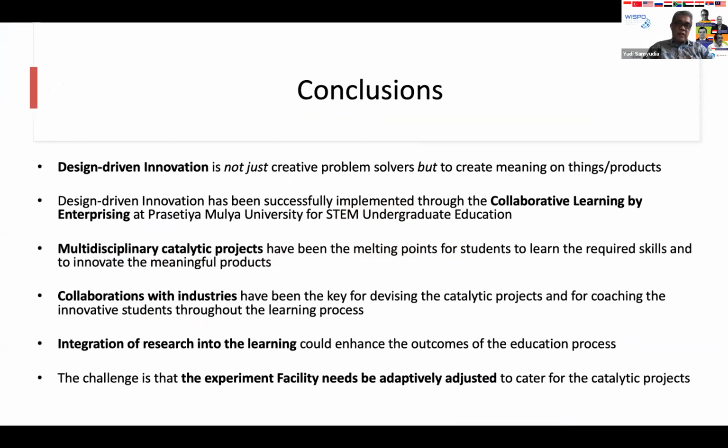So to conclude my talk, on this occasion I've shared with you an approach to innovation, the so-called design-driven innovation. In design-driven innovation, it's not just about creative problem solvers, but about creating meaning in the product so that you can leverage science and technology for business growth.